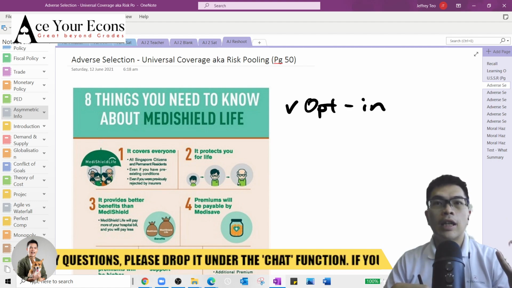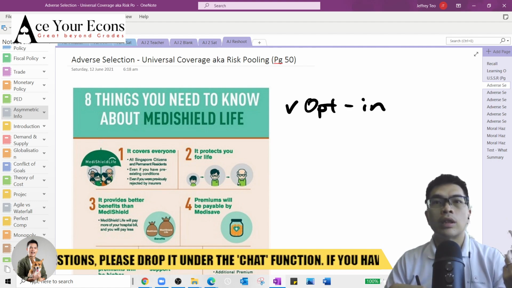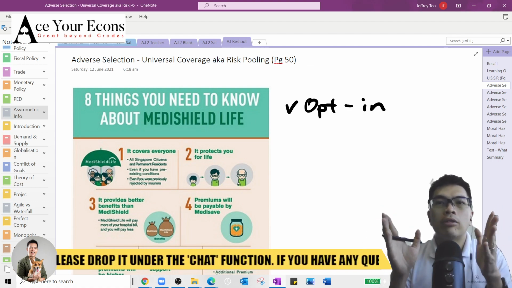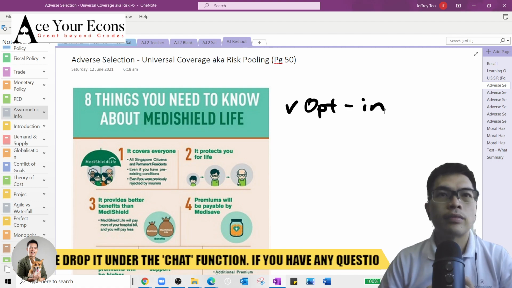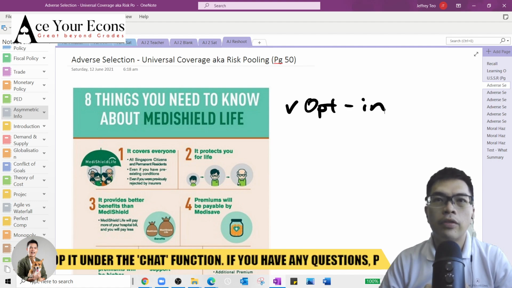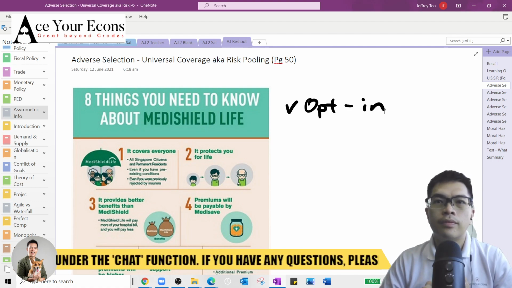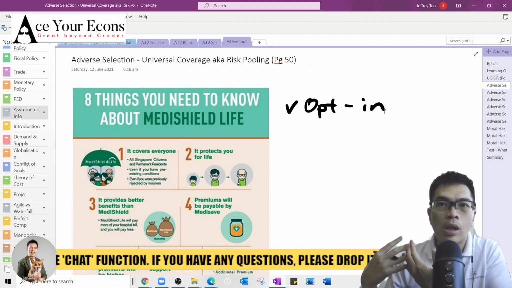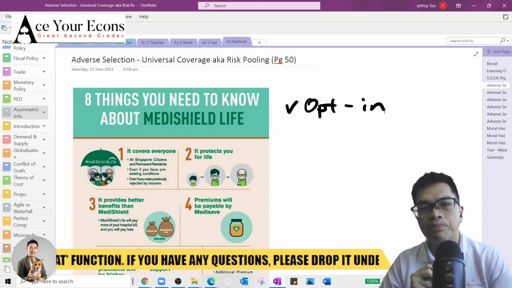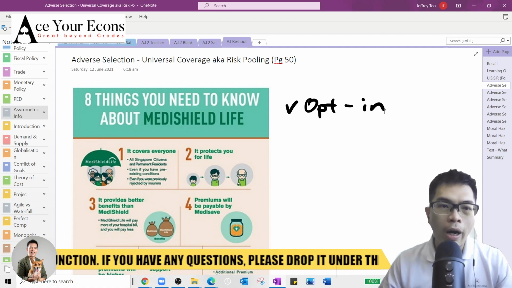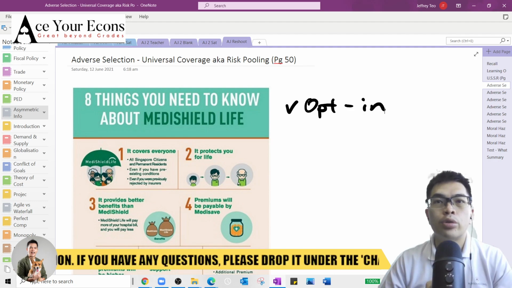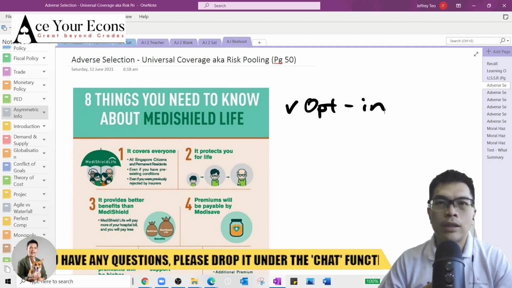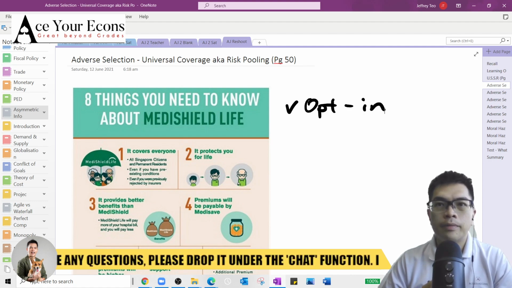They're unwilling to pay the insurance premium, and the market will be adversely selected with unhealthy people. That will drive up the premium cost and make providing insurance unprofitable. Therefore, the whole idea behind this is you don't get to choose. Everyone must participate in the insurance.